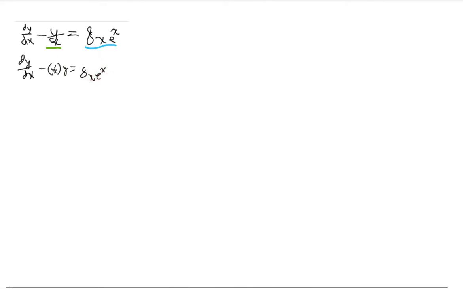I don't know exactly what letters you learned in your lecture, but I'm going to use P and Q. So let's underline this in green and this in blue. The green one is going to be P of x, which is equal to negative 1 over x.